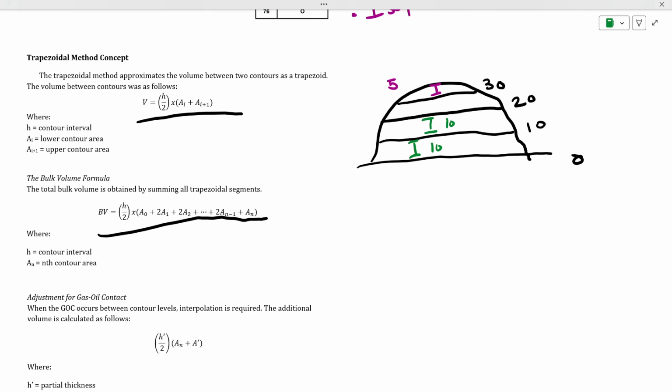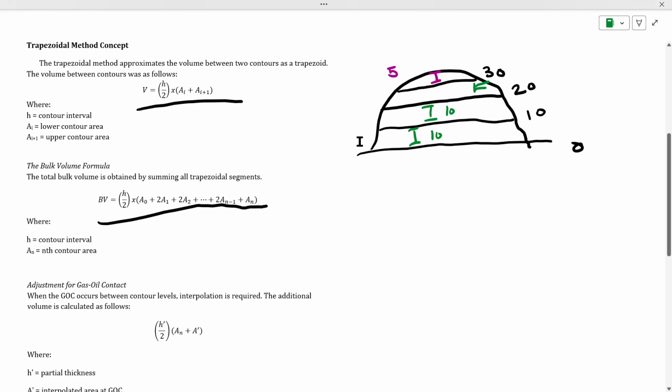Between 20 and 30, it also has 10 feet. Now, as for the final interval, we have 5. Meaning the thickness suddenly decreases, right?